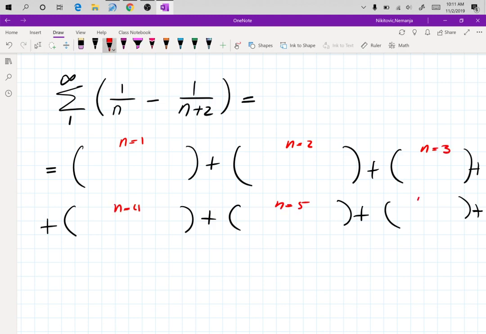I am literally going to write out these terms by plugging in and calculating them. When n is 1, it's 1 over 1 minus 1 over 3. Then 1 over 2 minus 1 over 4. Then 1 over 3 minus 1 over 5. All I'm doing is replacing n with what it should be. You're computing terms, but because you have 2 of them, you put them in parentheses.